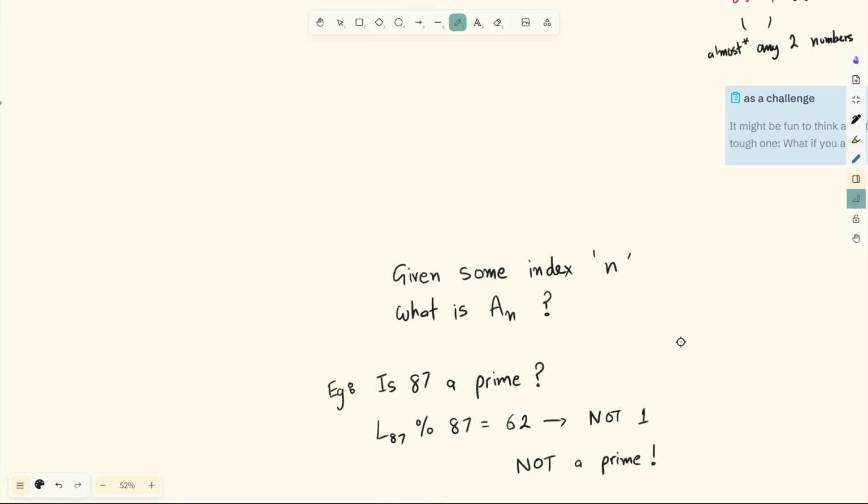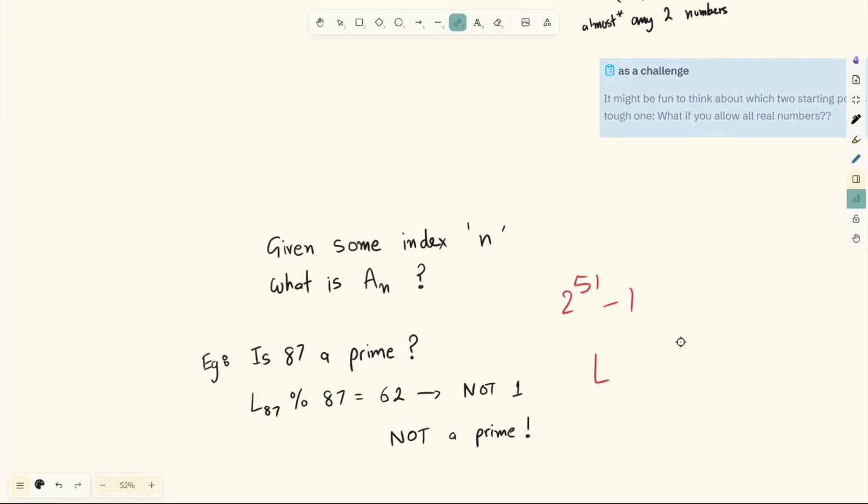Say you want to know whether, I don't know, 2 to the 51 minus 1 is prime or not. So you would want the (2 to the 51 minus 1)th Lucas number. But even for 87, you want to do 87 of the algorithmic additions, but this is just not possible for 2 to the 51 minus 1.